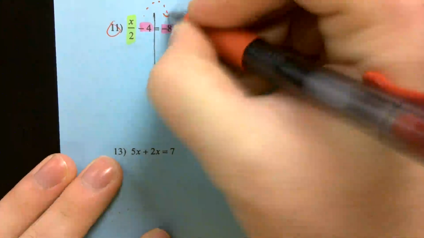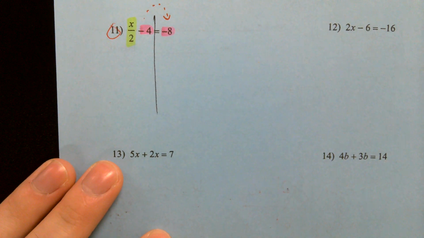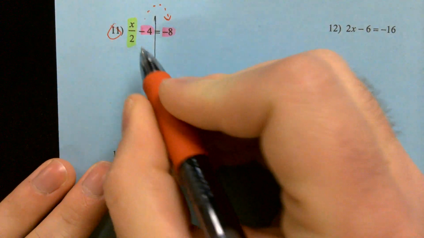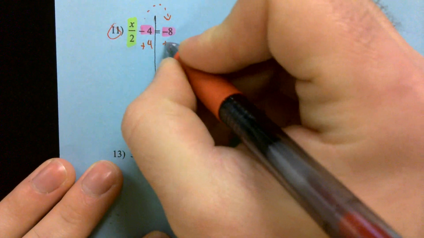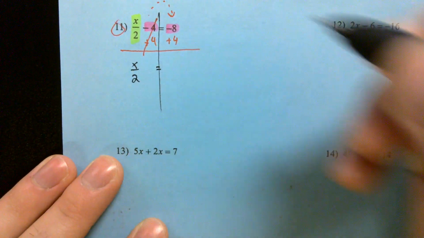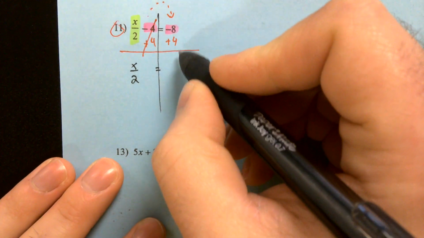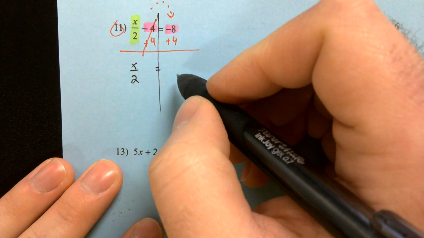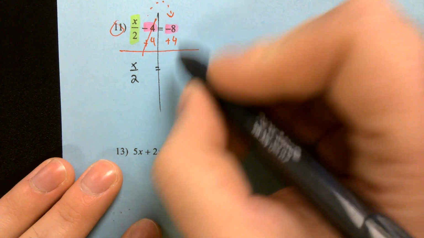I'm going to bring that -4 over to the right. Inverse of -4 is +4. Right? We're left with x over 2 equals, what's -8 plus 4? -4, good.